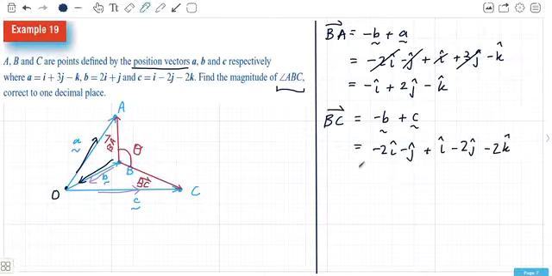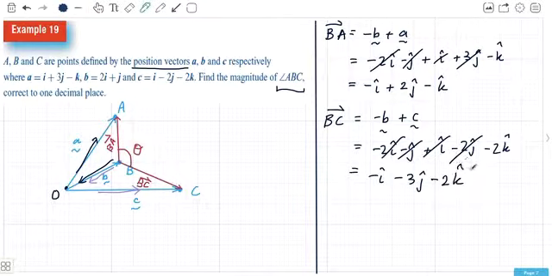I'm not having to change any signs here because we're adding. With the I's, that's going to be negative I. Negative J minus 2J would be minus 3J. And again, we've got no K's except for this one, so minus 2K.